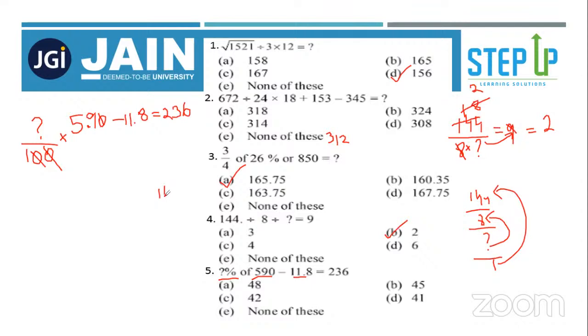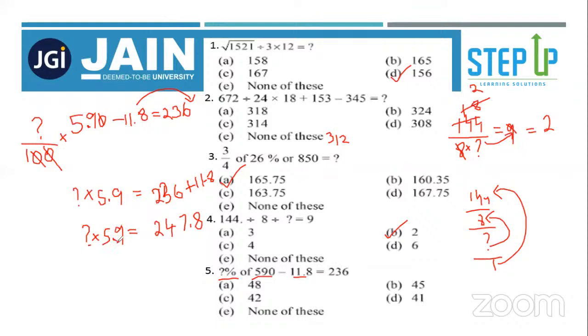Oh, it's a multiplication. Okay, then take this to the other side. That becomes an addition. 236 plus 11.8 equals question mark times 5.9. 7, 3 plus 1, 4, 274.8 equals question mark times 5.9.